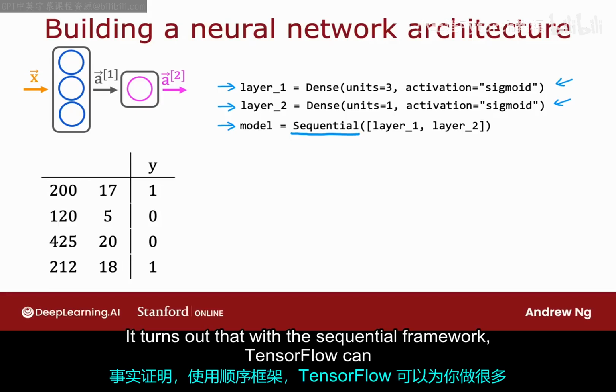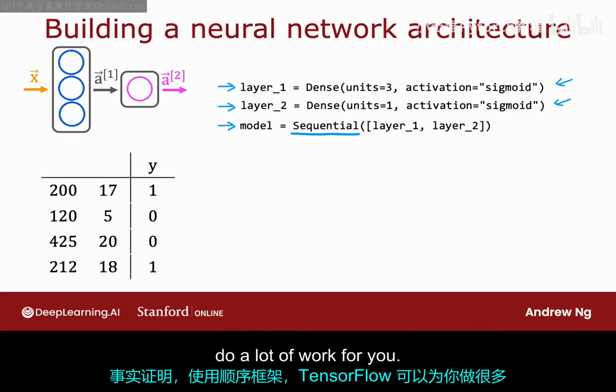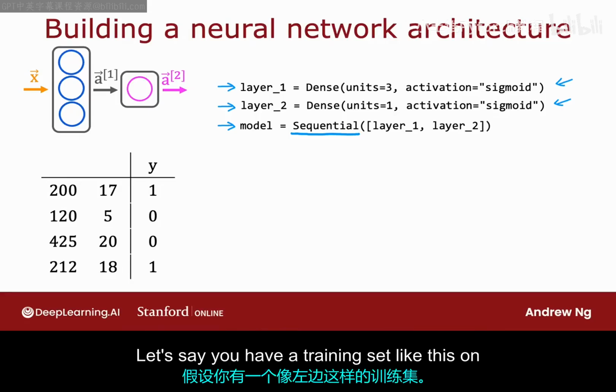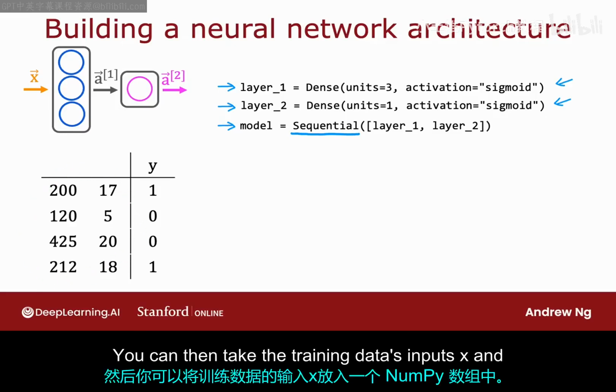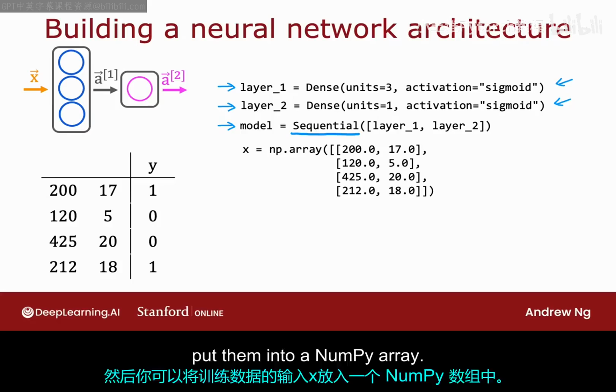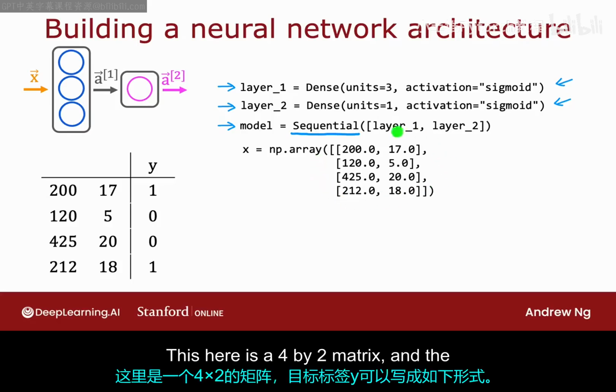It turns out that with the sequential framework, TensorFlow can do a lot of work for you. Let's say you have a training set like this on the left. This is for the coffee example. You can then take the training data's inputs X and put them into a NumPy array. This here is a 4x2 matrix.